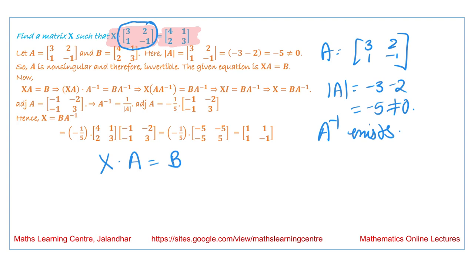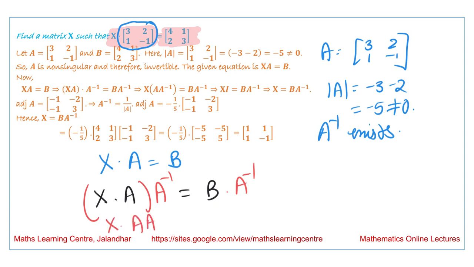So if we take the equation X into A is equal to B, we multiply this equation with A inverse. We get X into A into A inverse is equal to B into A inverse. Now A into A inverse is I. So what we get is X is equal to B into A inverse.